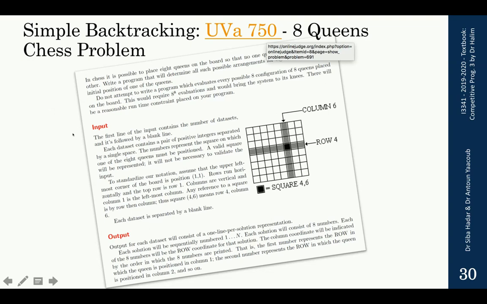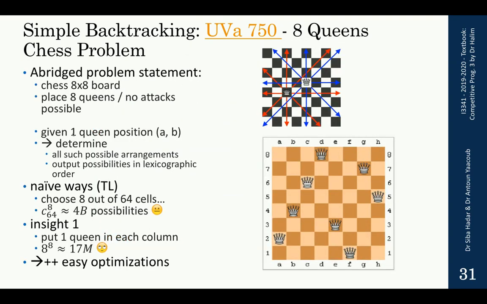This is a very well known problem, and a brief problem statement is as follows. Consider an 8 by 8 chess board. We want to place 8 queens in such a way that no attacks are possible.